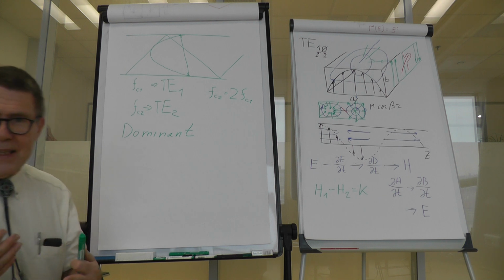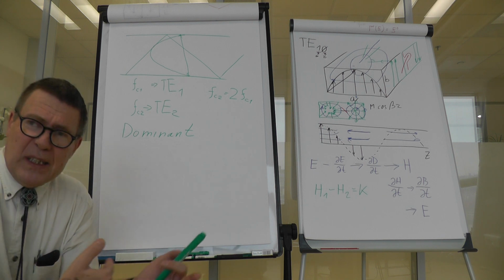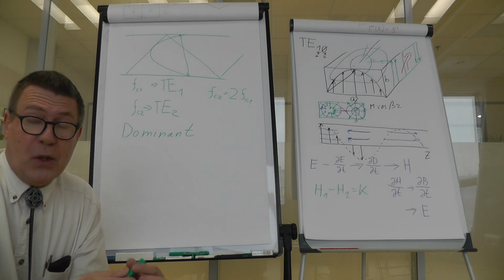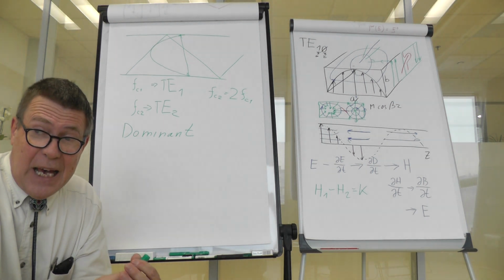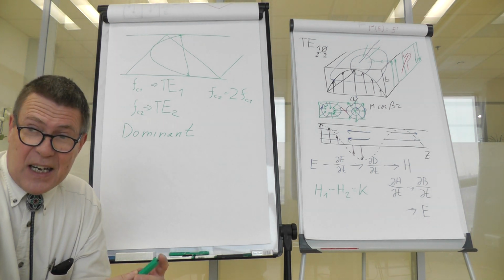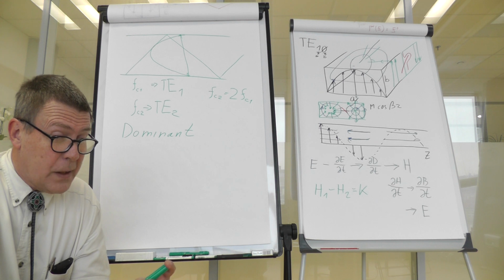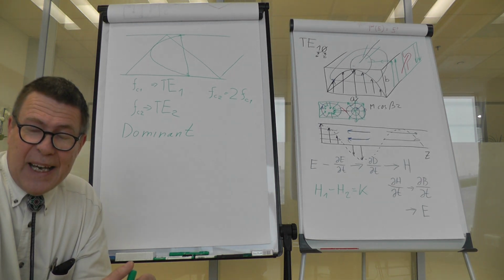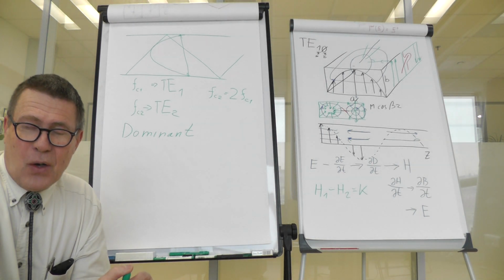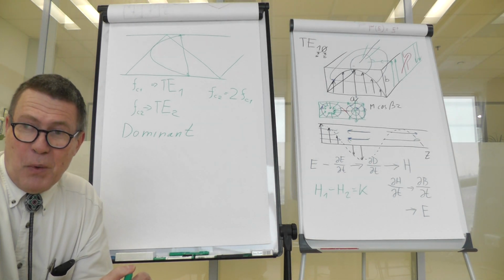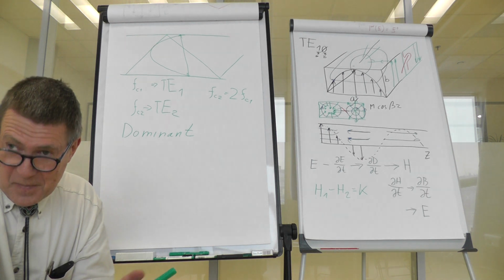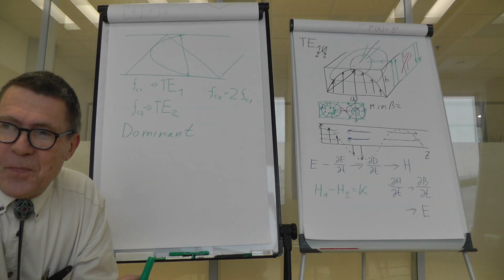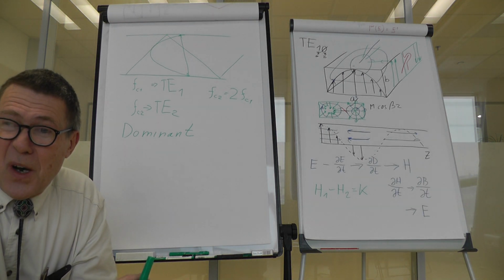Now, to train a little bit what we have already learned, we have been talking about a TEM guiding structure, which was called a coaxial cable. So what is the critical frequency of the dominant mode of a coaxial cable? Who knows?